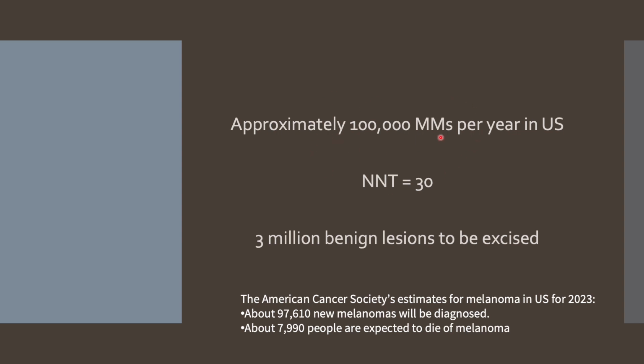And without using a dermoscope, the number needed to treat one melanoma is 30. What does that mean? That means that in order to excise or to identify one melanoma, you'll have to excise 30 benign lesions. That means in order to diagnose 100,000 melanoma cases, you'll have to excise 3 million benign lesions.